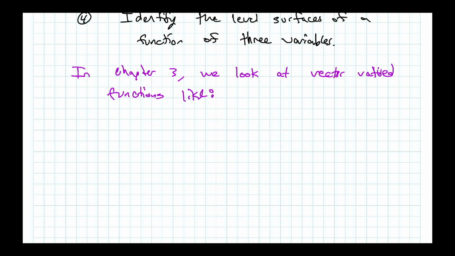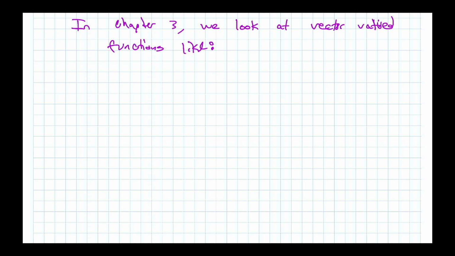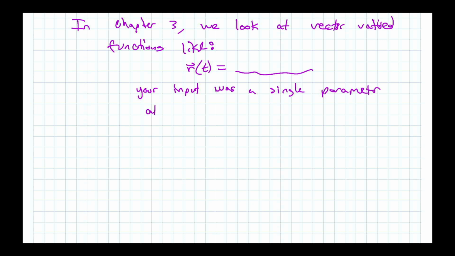This isn't the only way they could be, but this is how we saw it. We were looking at things like r of t equals some function of t. The point is that your input was one single variable, a single parameter, and the output of the function was a vector.